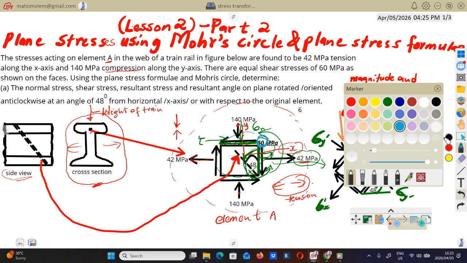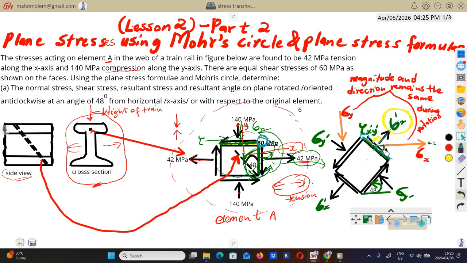So calculation wise, if you want to find the shear stress, you have to resolve this into components: this component parallel to the plane and this component perpendicular to this plane. Then we take the component parallel to the plane divided by this area here, and you will get the shear stress. You take this component divided by this area here, you will get the normal stress.